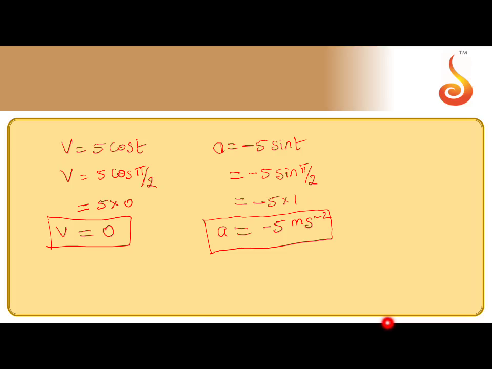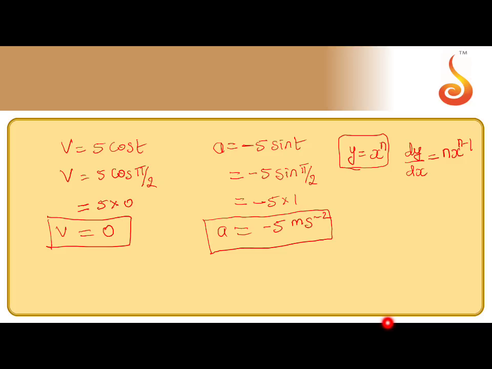A quick recap of the formula for differentiation. If y equals x power n, then when you differentiate y with respect to x, this will be equal to n into x power n minus 1. Suppose in the given equation, the terms resemble this, but instead of y and x, something else is given.